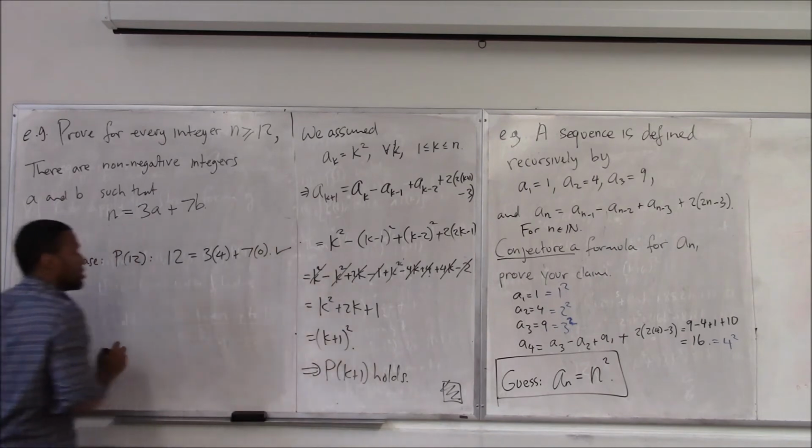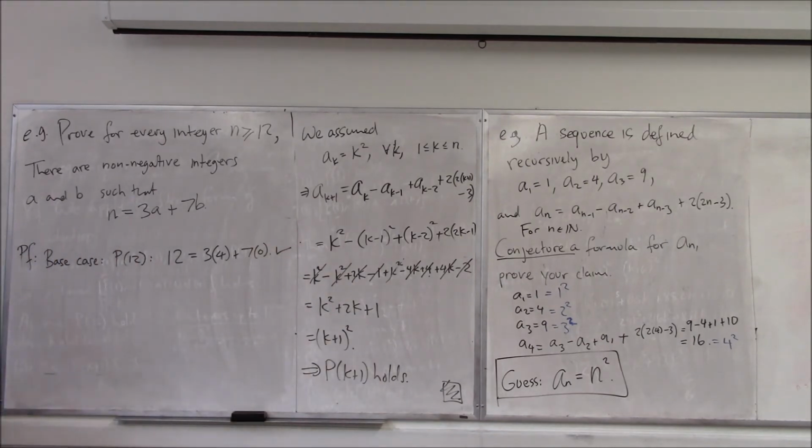And that works. So it's a multiple of 3 plus a multiple of 7. I don't want to start this using the strong form of induction, but let's just run with this so you can see where the strong form might be needed, because it's not immediately obvious at this point that the strong form is required.